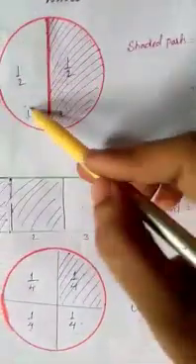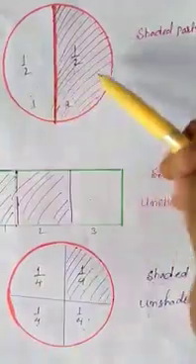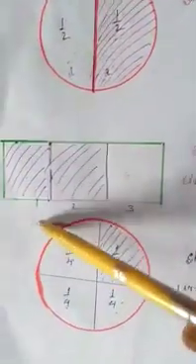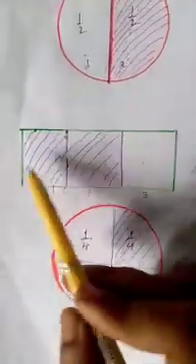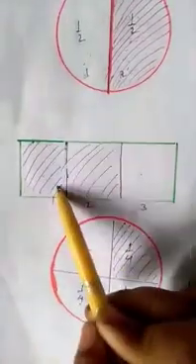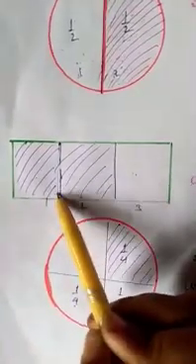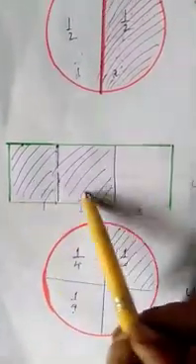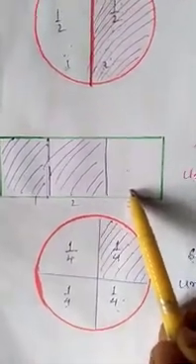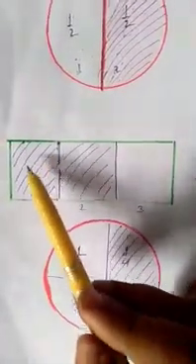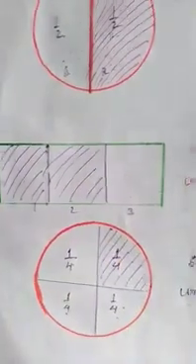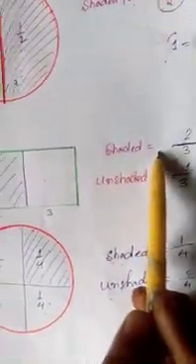Each part here can be represented as a fraction. In this case, if you see the rectangle, after dividing the complete rectangle into equal parts, 1, 2, 3, we have divided it into 3 equal parts. Afterwards I have shaded 2 parts, 1 and 2. How will we write the fraction of the shaded parts?